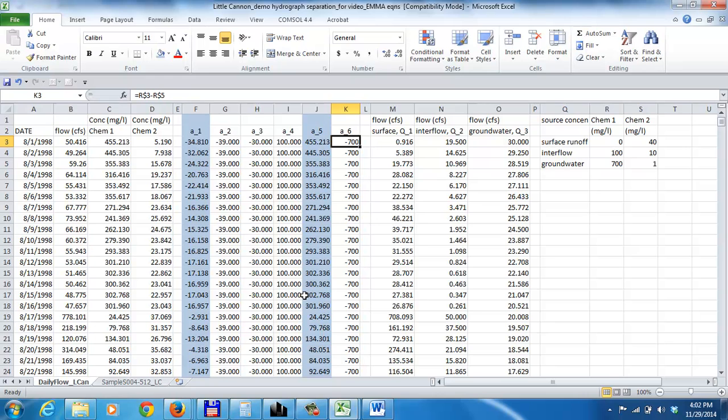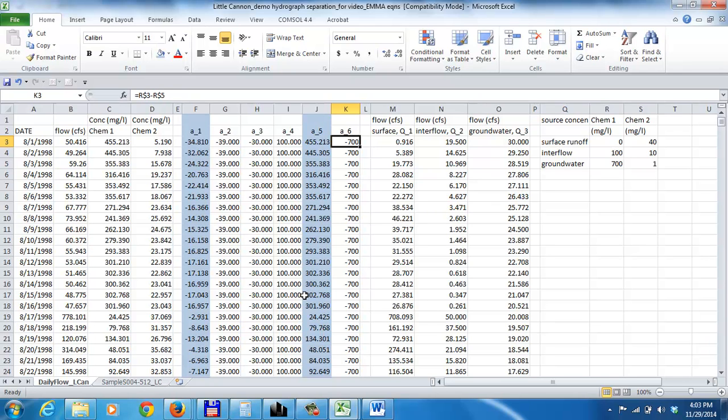And column D is the concentration of chemical 2 measured at the gauging station. Chemical 1 and chemical 2 have characteristics so that they are distinct from each other in terms of the concentrations in the source waters, so that you can actually separate out those from each other.